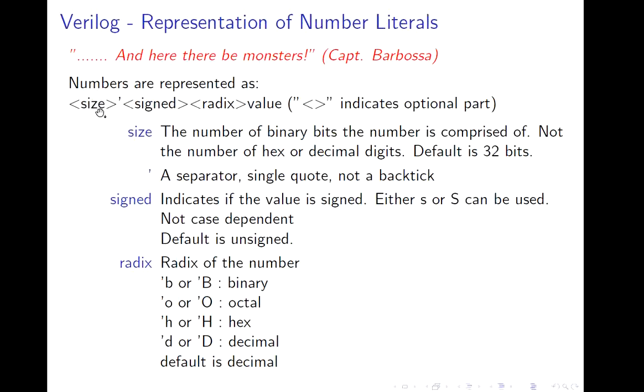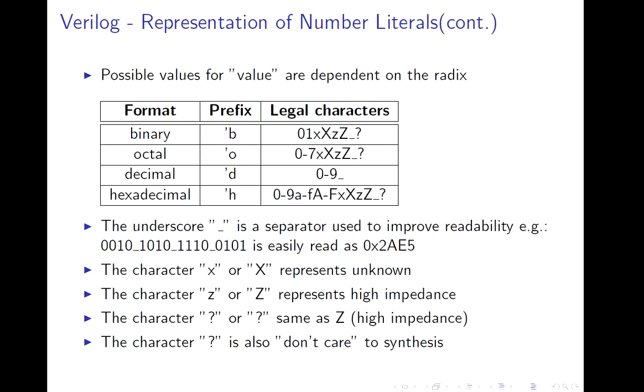So how do I mention it? I mention something like this: 4 tick signed B 1000. Even if I don't mention this particular signed representation by S, it is considered as a signed number. So we'll see with a few examples.